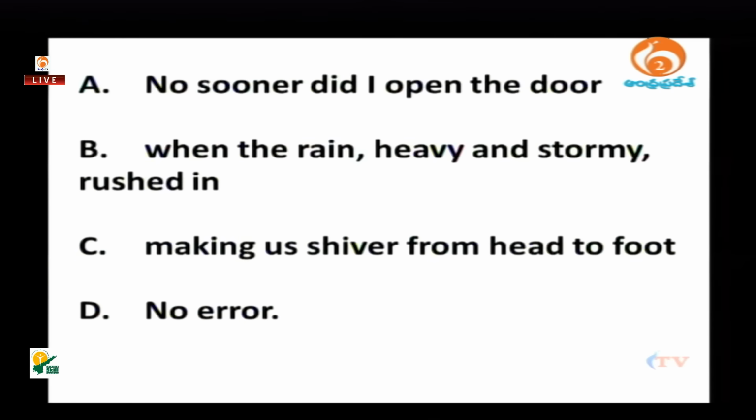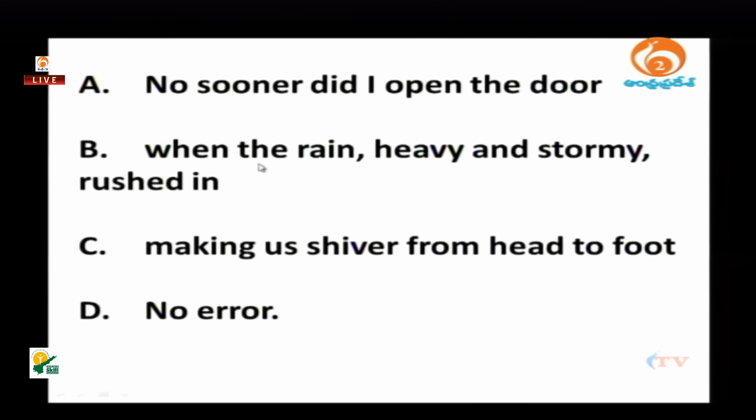No sooner did I open the door when the rain, heavy and stormy, rushed in, making us shiver from head to foot. Now I can't say when the rain, heavy and stormy.